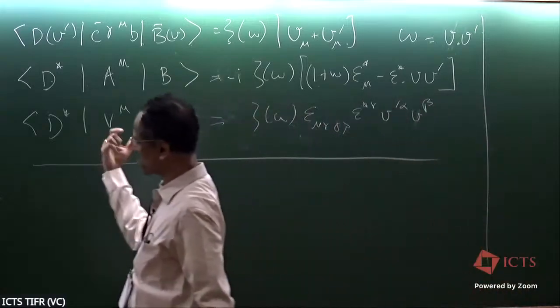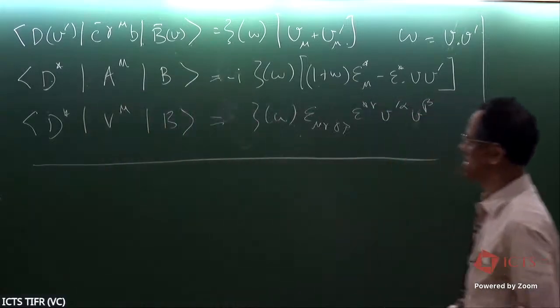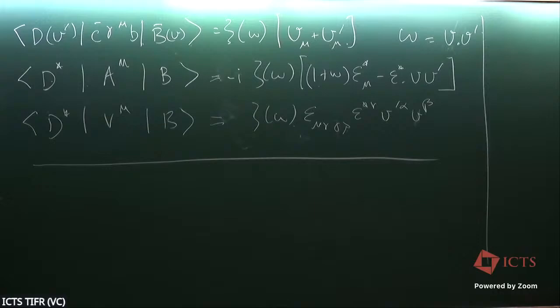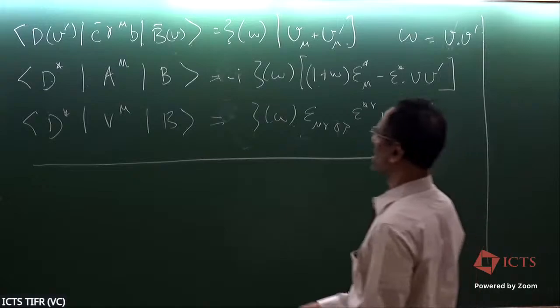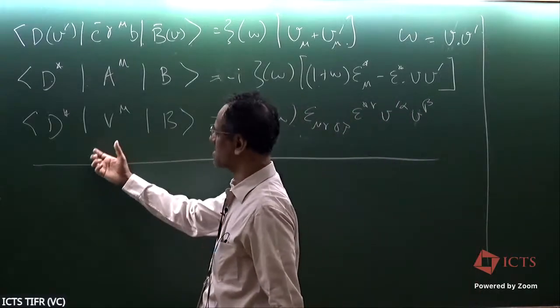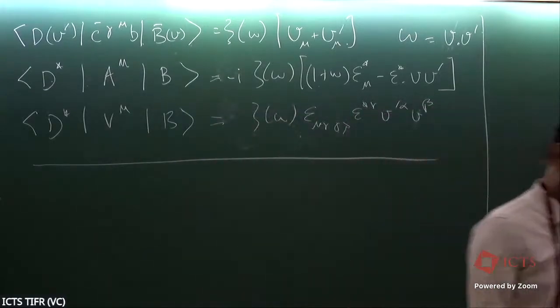So now if I want to calculate these matrix elements, typically, if I do it on lattice, for example, the natural scale is some scale of the order of GeV or so.